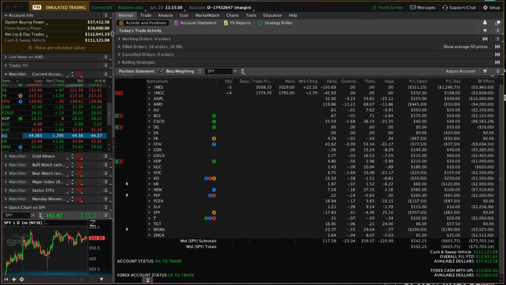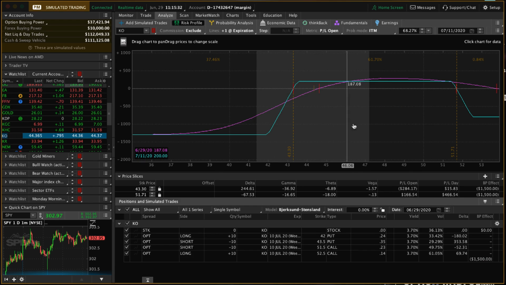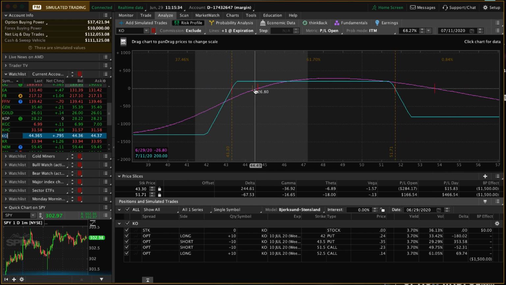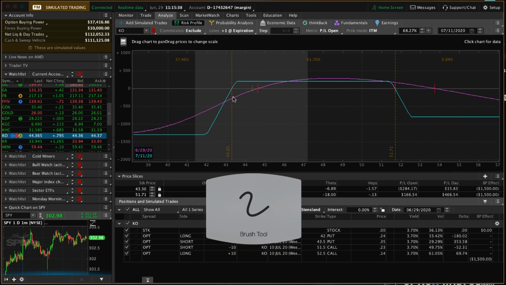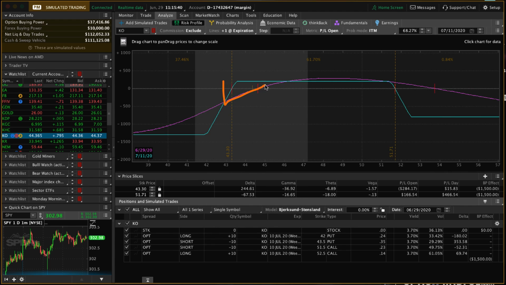Coca-Cola. Analyze Coca-Cola, another iron condor, which is going kind of bad. Coca-Cola dropped. It's in this zone which I call the Bermuda Triangle, because this thing can either kill you, or you can get out of it with quite some benefits.